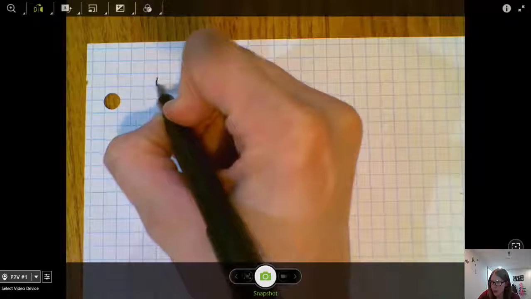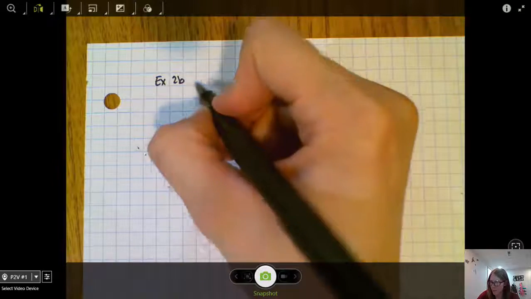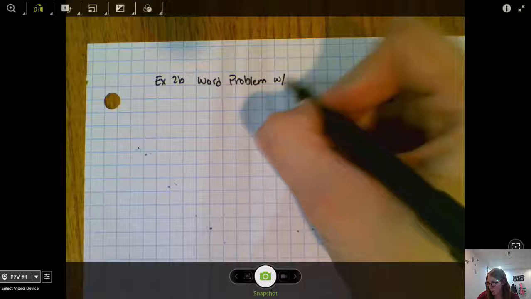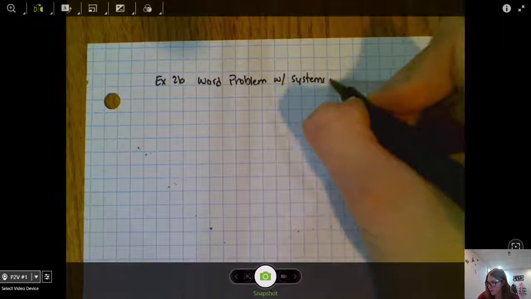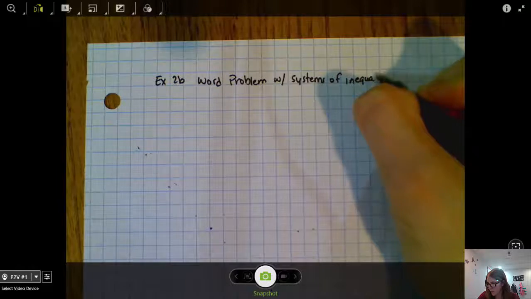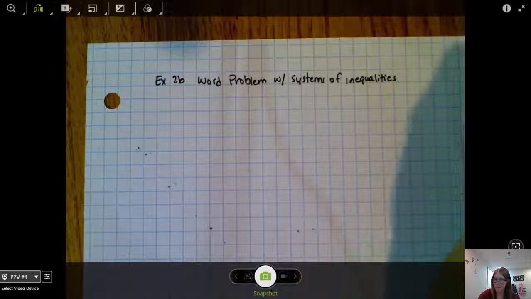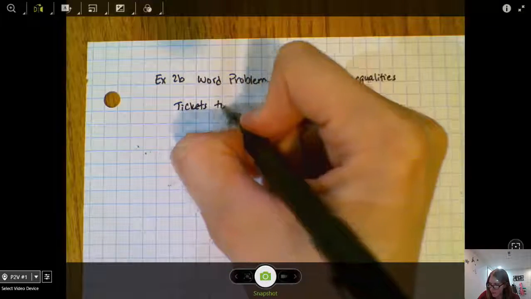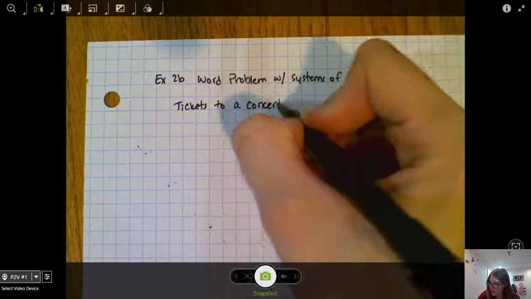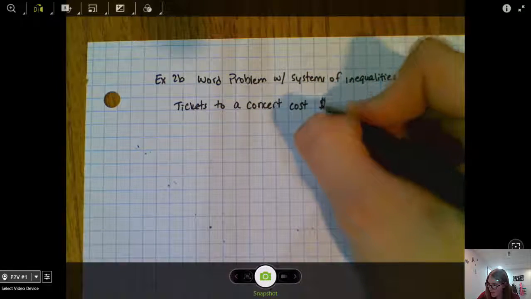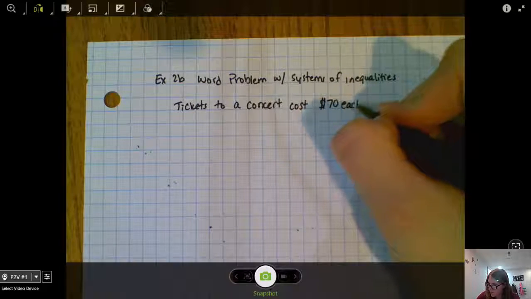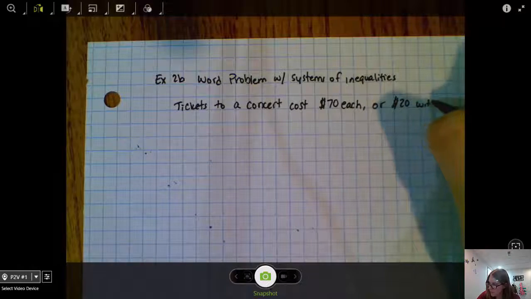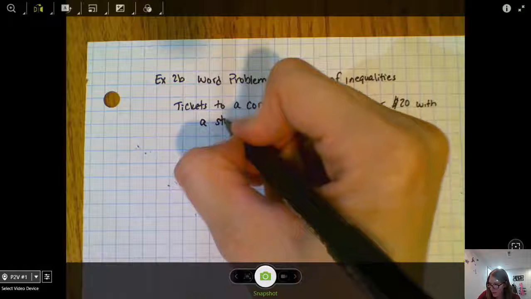This is example 2b, another situation of a word problem with systems of inequalities. All right, here we go. Here's our situation. Tickets to a concert cost $70 each, or $20 with a student discount.